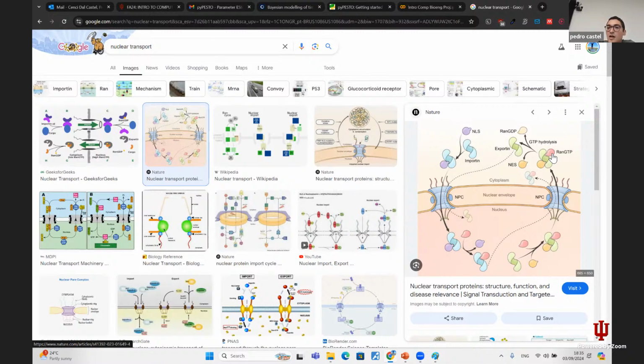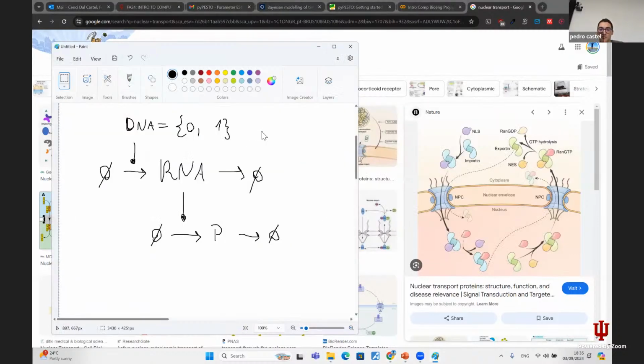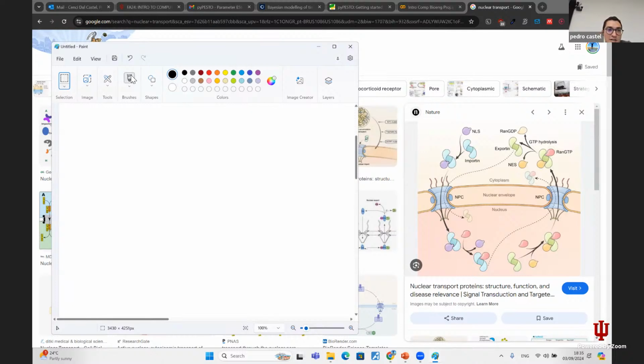And here, for example, if we were to model only the import, let me do this quickly just for curiosity. I have a protein. I don't care whether it's being produced or destroyed. I just have a protein, and this protein is in the cytoplasm. And this protein can enter the nucleus.